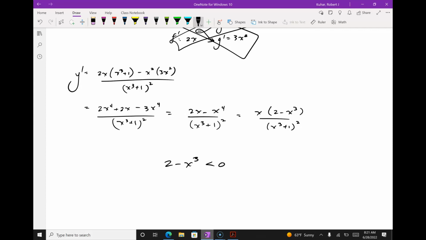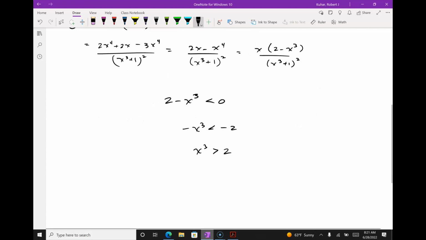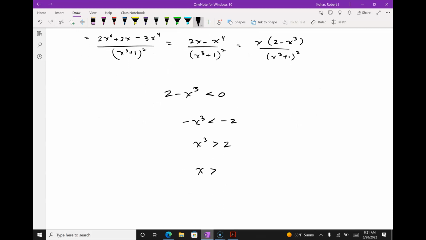And when does that happen? Yeah, when it's greater than the cube root of 2.